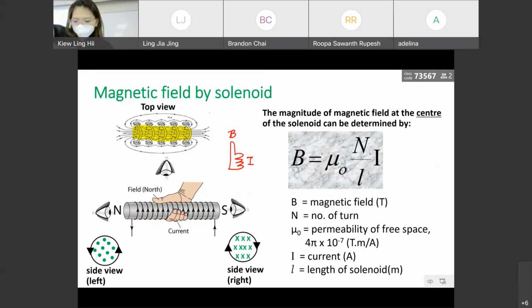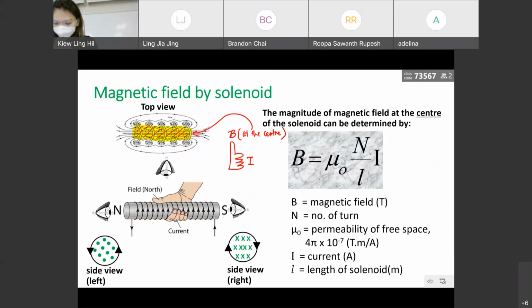Where does the thumb show? Pointing toward the left. This also refers to the magnetic field at the center of the solenoid, which is here, the region shaded with yellow color.